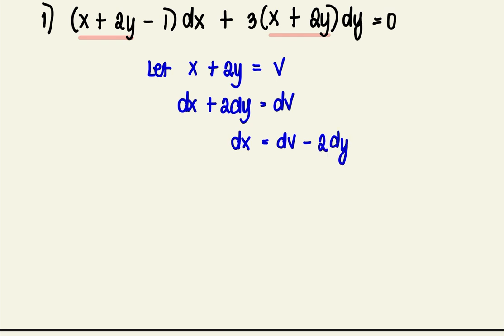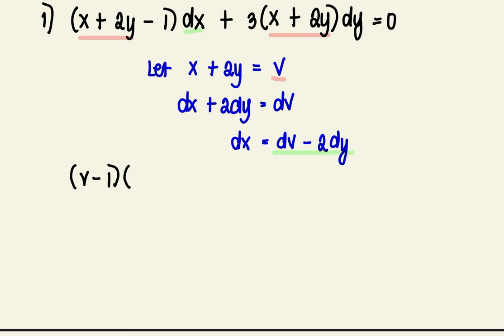Substituting in our given differential equation, this x plus 2y is now equal to v, so that's v minus 1. And our dx is equal to dv minus 2 dy.